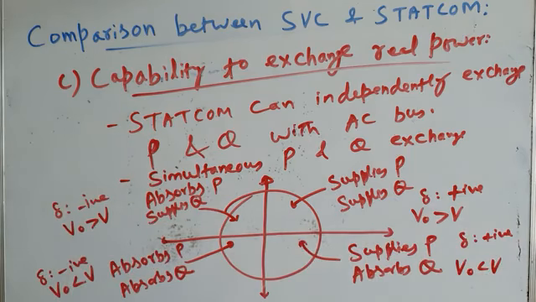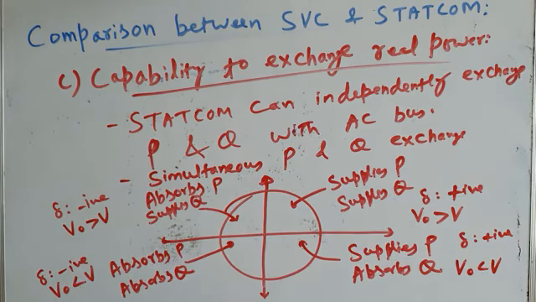So therefore STATCOM can exchange active power as well as reactive power independently, and various combinations are like this. On the other hand, SVC can exchange only reactive power with the AC bus. It cannot exchange real power, whereas STATCOM has the capability to exchange real power also in addition to reactive power with the AC bus. So this point also goes in favor of STATCOM.